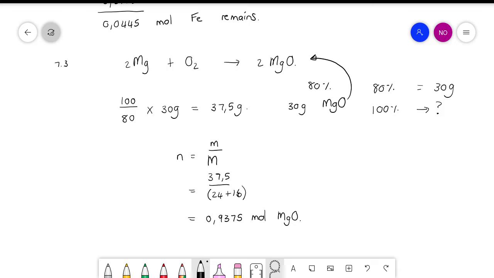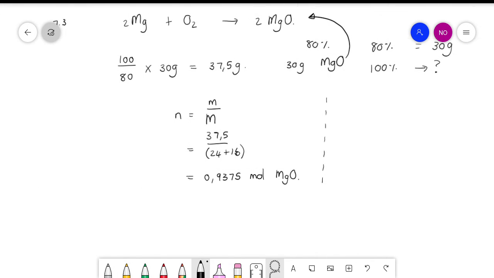Imagine julle kan ook eendag so klink in die skynatlas. It's never gonna happen. Okay. Goed, en hulle vra vir ons spesifiek hoeveel gram van die magnesium moet brand en sien julle hierdie verhouding is 1 tot 1.